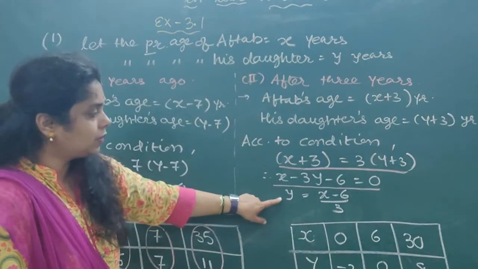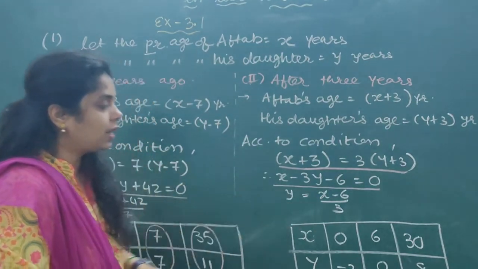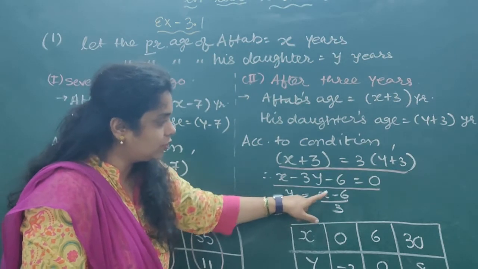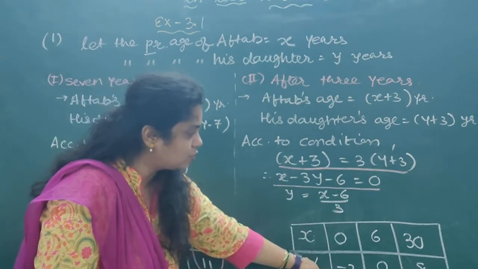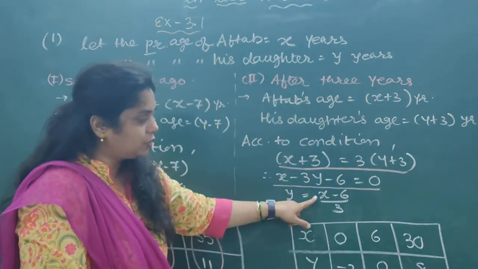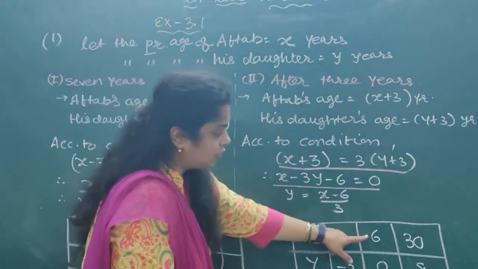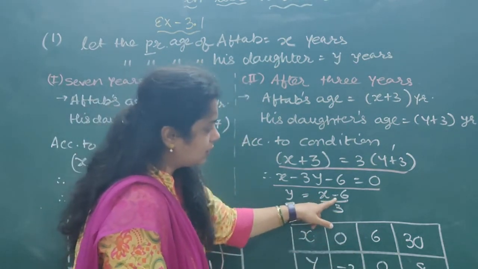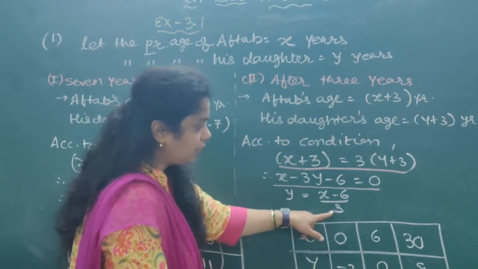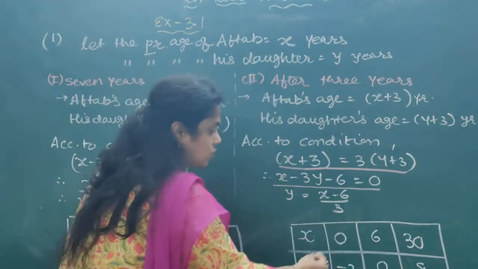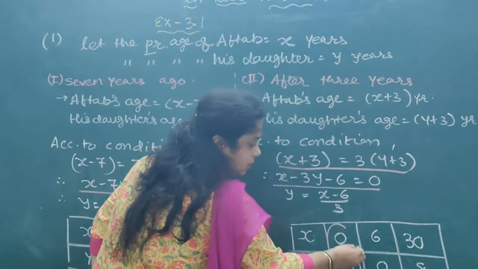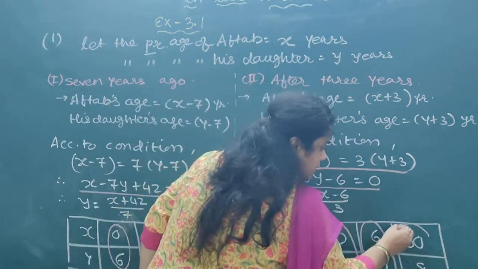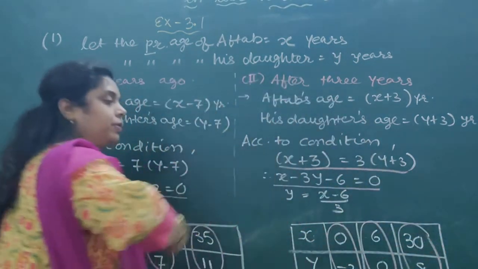And I again take y is equal to (x minus 6) by 3. So choose again a smart value. It is 0, so minus 6 by 3 is minus 2. If I put 6 here, 6 minus 6 is 0, and 0 by 3 is 0. Now 30 minus 6 is 24, 24 divided by 3 is 8. So for the second equation, the points are 0, minus 2; 6, 0; and 30, 8.